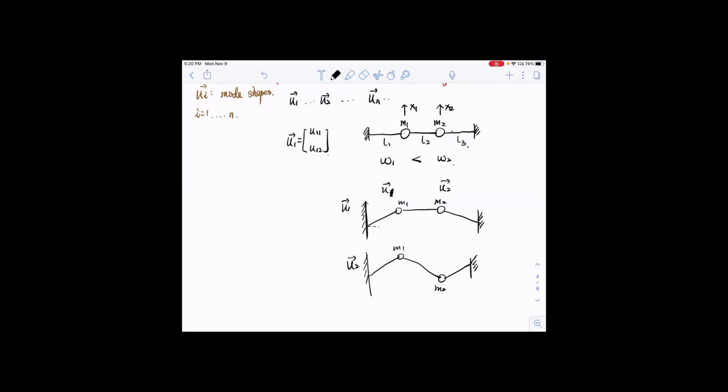That mode shape means when your system is operating at omega 1, say you're shaking these two balls at frequency omega 1, then your response would be in the shape of U1. How do we describe the shape? This distance is U11, this distance is U12.